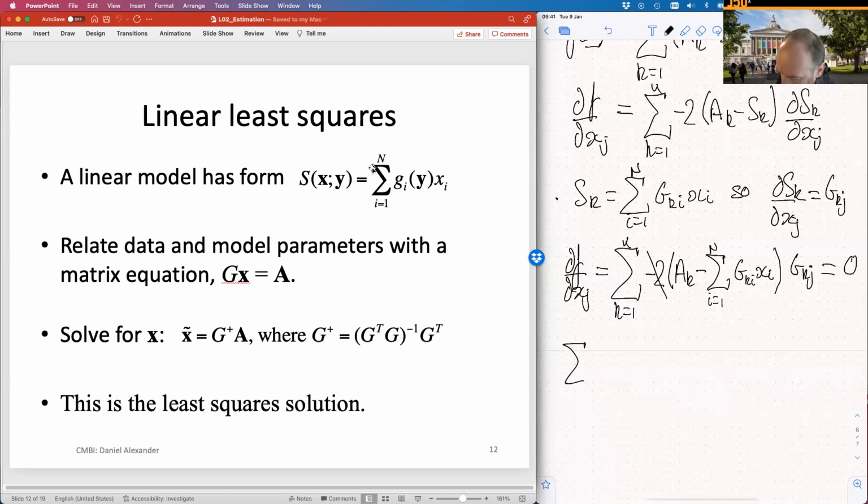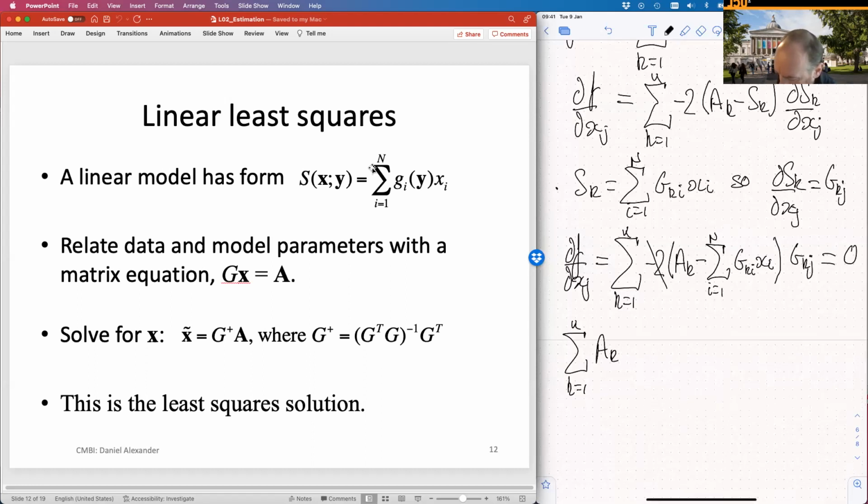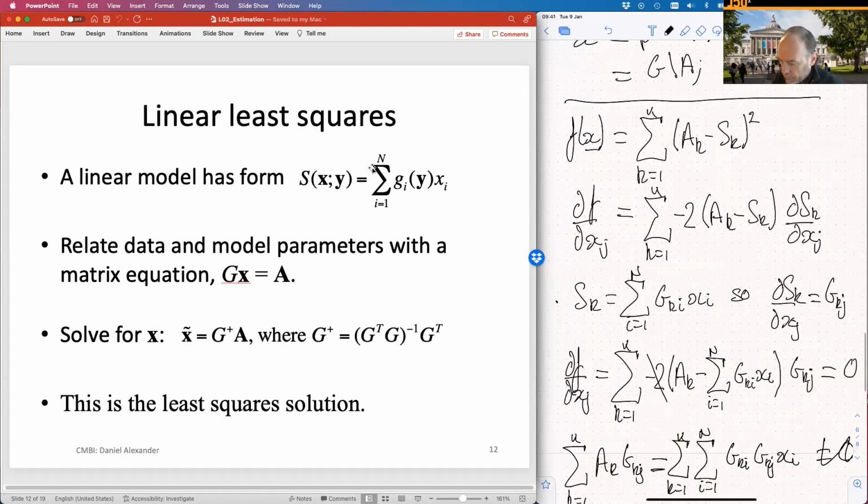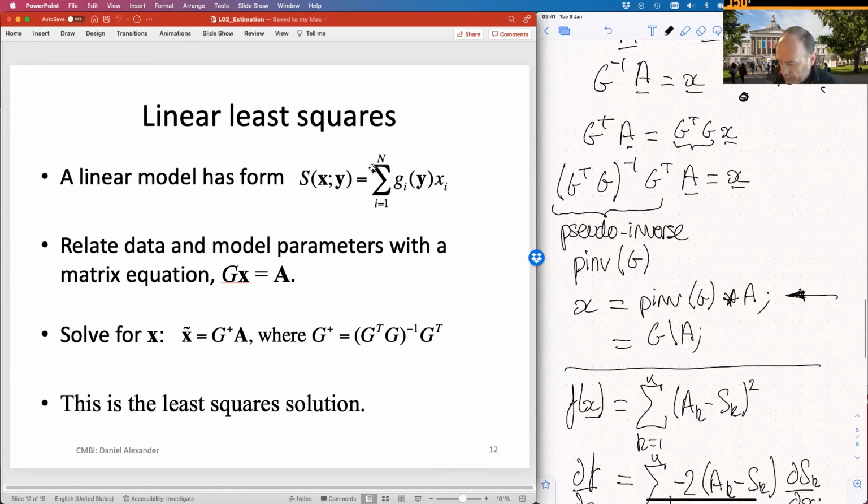I can have the sum over k from 1 to K of a_k G_kj minus the sum over k of G_ki G_kj x_i, all equals 0, or equivalently, these two things are equal to each other. Let's compare that to the matrix equation that we had up here.